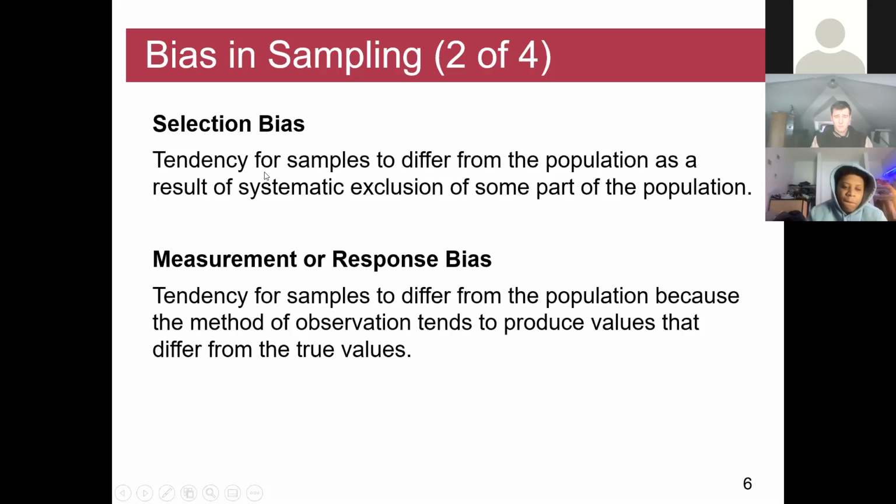So what is selection bias? It means a tendency for samples to differ from the population as a result of systematic exclusion of some part of the population. Now, this is an example of what I was talking about with political polling.